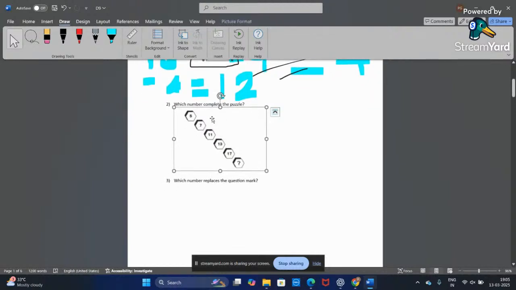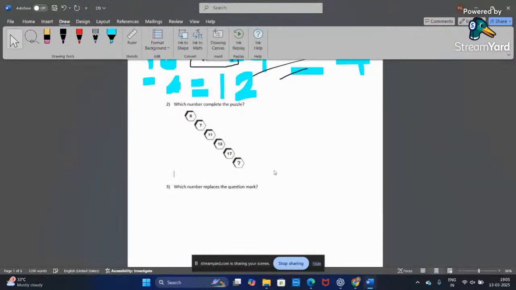Now, try to solve the second one. First, we need to analyze the logic. So take time and analyze the problem, then solve it.